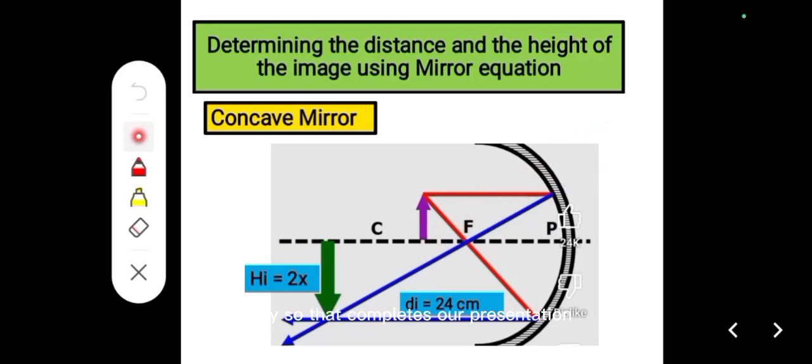So that completes our presentation: the use of the ray diagram to determine the image formation and location, and the use of the mirror equation to address the accurate distances and height of the image.